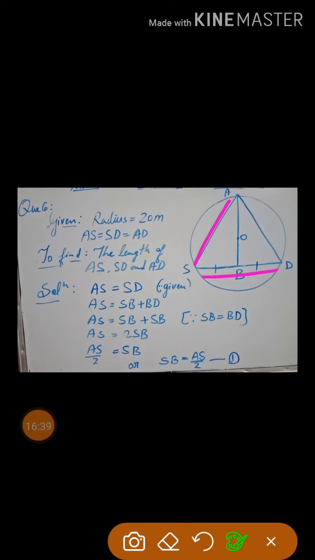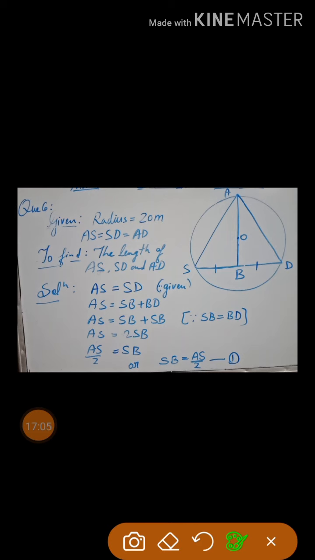It is given equal, so we are taking AS and SD equal. Now in place of SD, can we write SB plus BD? In place of SD means this whole, can we write SB plus BD? So we are writing SB plus BD.